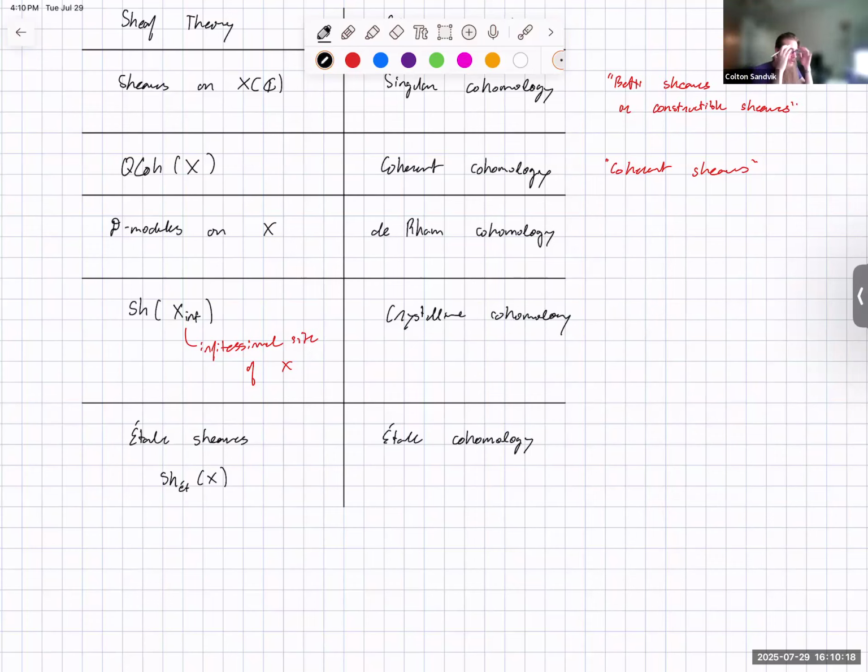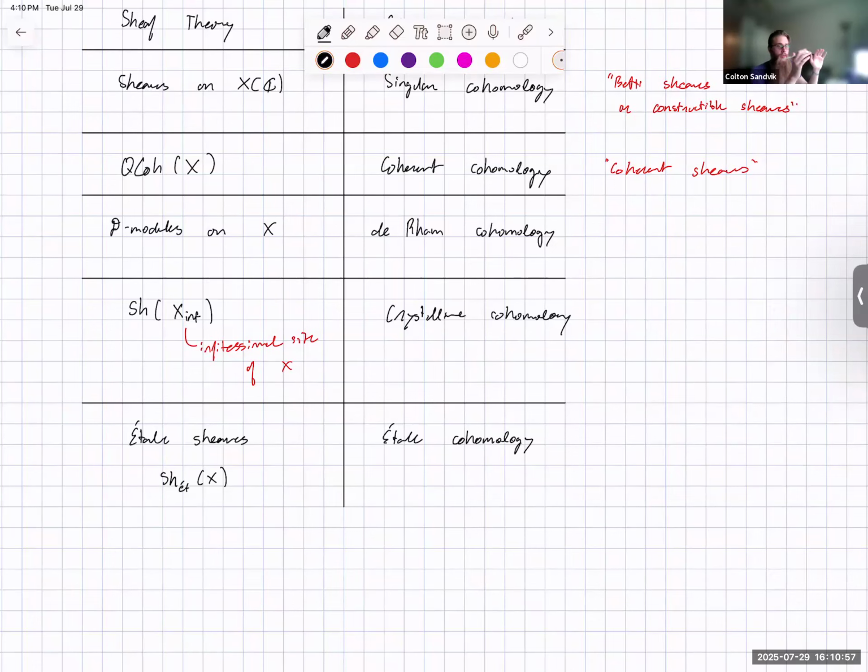The takeaway I want from this is that depending on what geometry you extract from your algebraic geometric object, you get a different sheaf theory. From that sheaf theory, you can produce cohomology, and sometimes those cohomologies are different, or sometimes they're the same. For example, if you work over algebraically closed fields with ordinary sheaves in the Zariski topology, things are stupid.